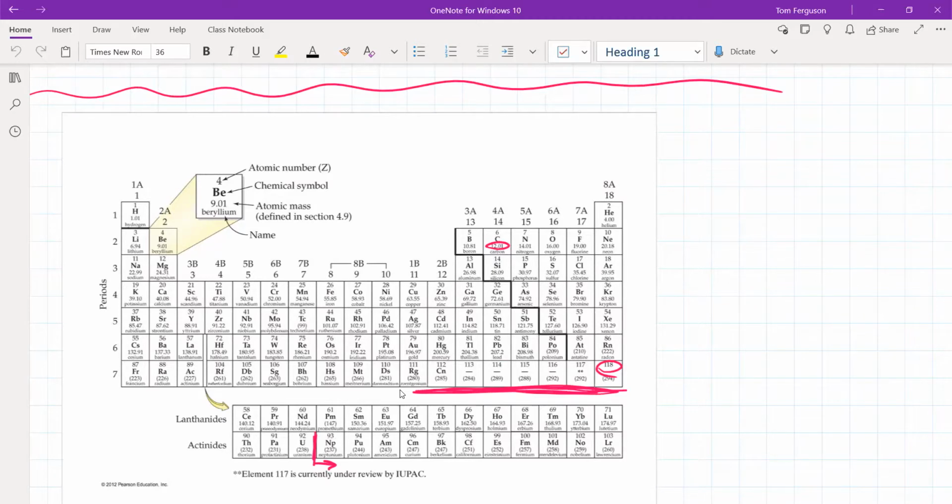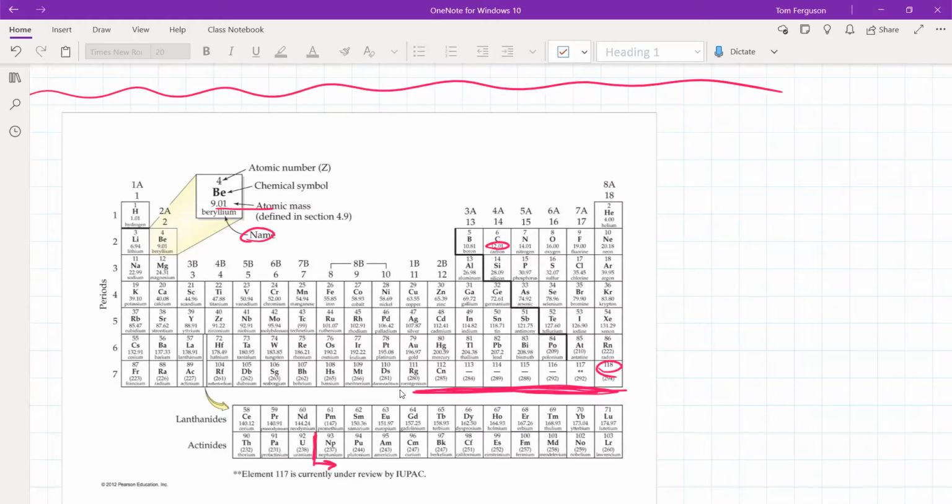And again, it depends on the periodic table. Some periodic tables have a name and some don't. Some periodic tables have decimal places that go way out, like 7 and 8 decimal places. And other ones are averaged to 2 decimal places, like this particular one.